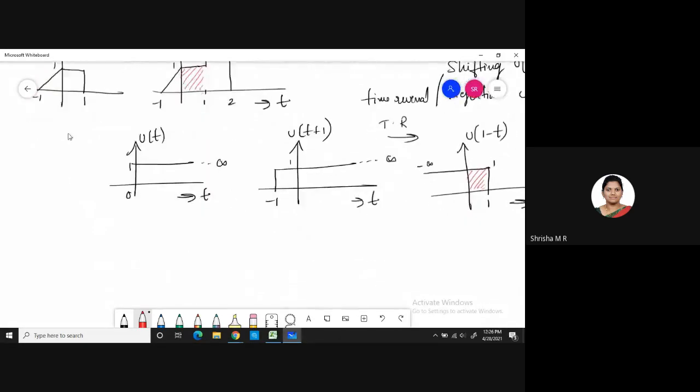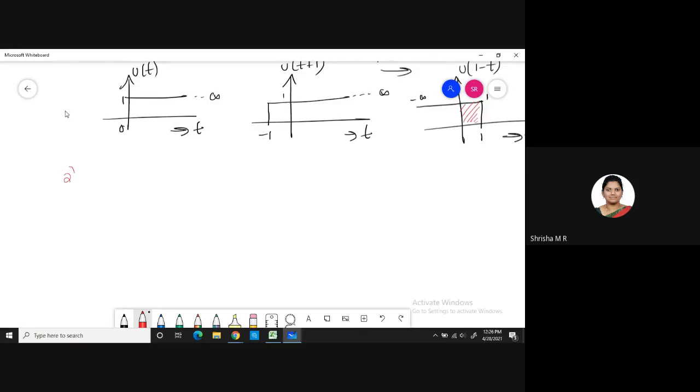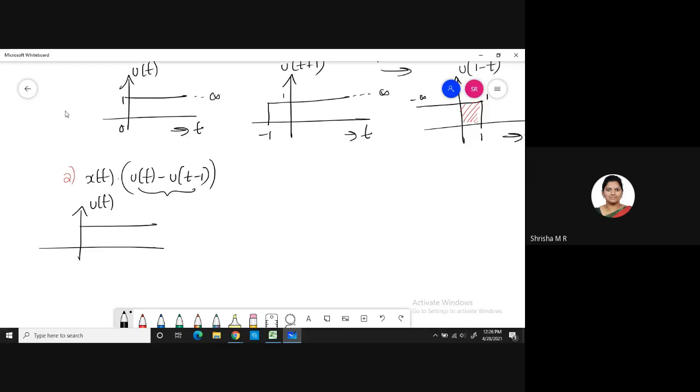Now try to plot this one first. We know that the unit step signal u of t extends from 0 up to infinity with an amplitude 1. And from where to where will u of t minus 1 exist?